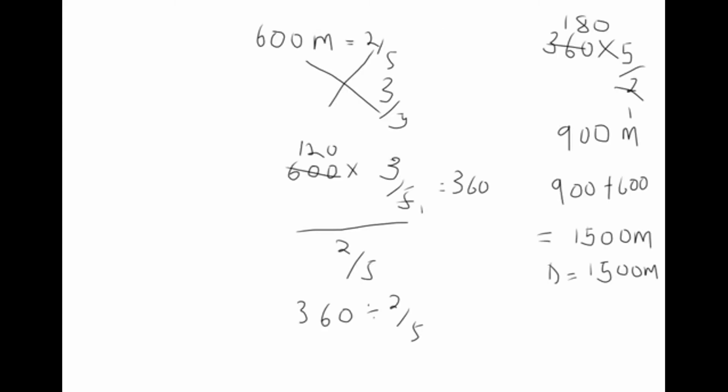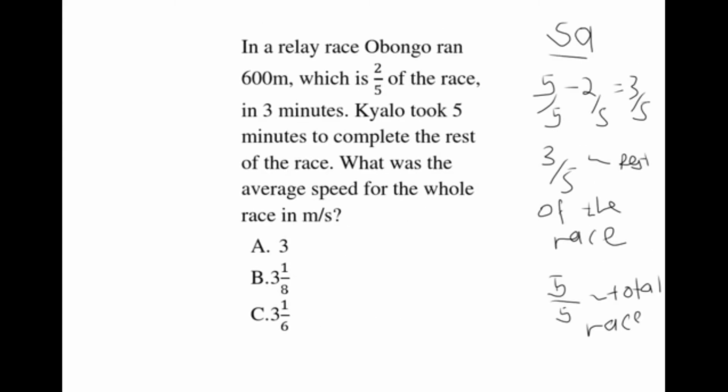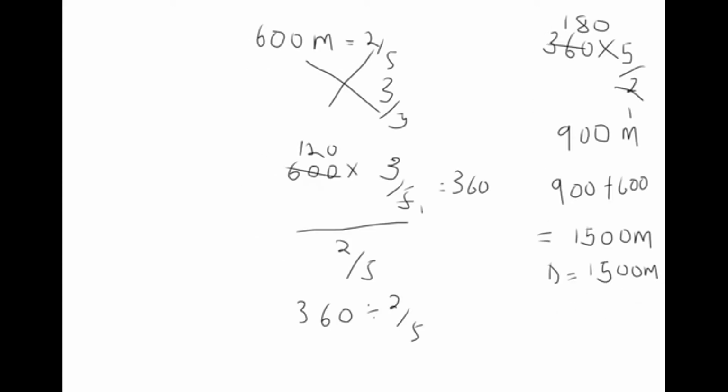Then we are told to give the average speed in meters per second. We change these minutes into seconds. Change these 8 minutes into seconds by multiplying by 60. So we have 8 times 60. We get 480 seconds.